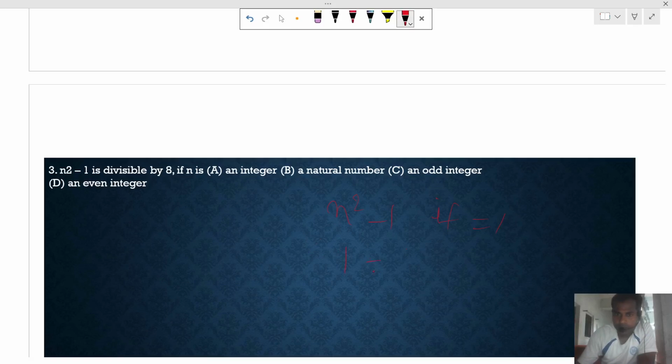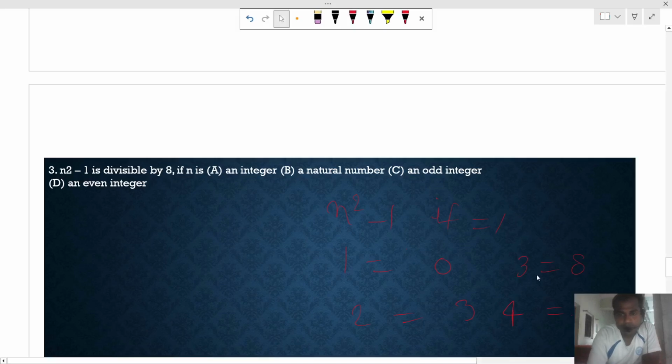1 gives 0, 2 gives 3, 3 gives 8, 4 gives 15.